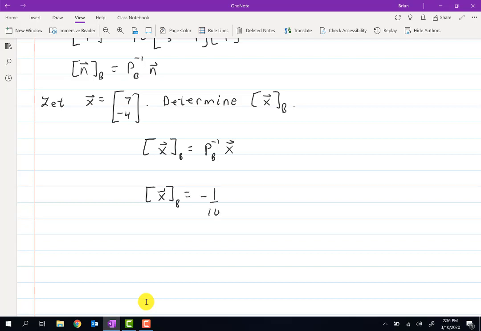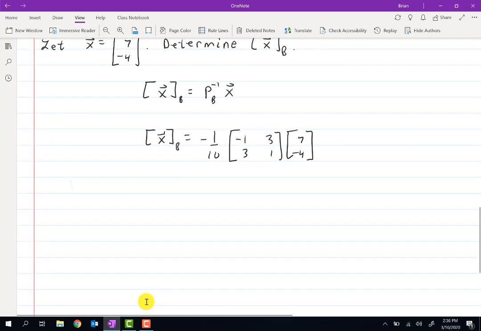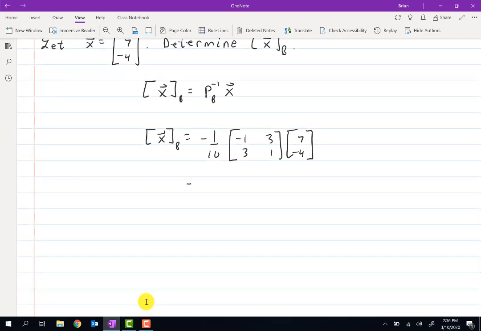That PB inverse, what we have? -1, 3, 3, 1, and times x was 7, -4. And let's multiply it all out.